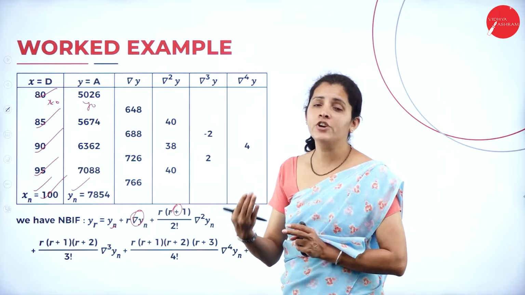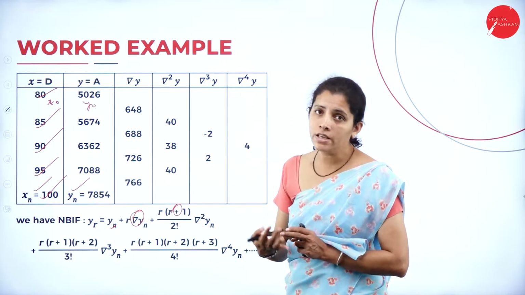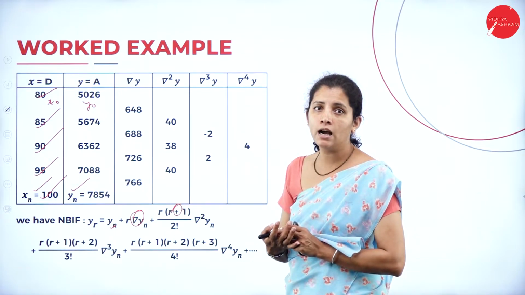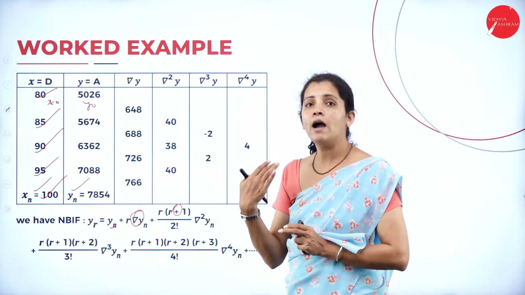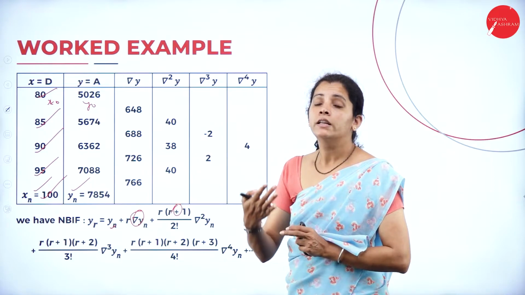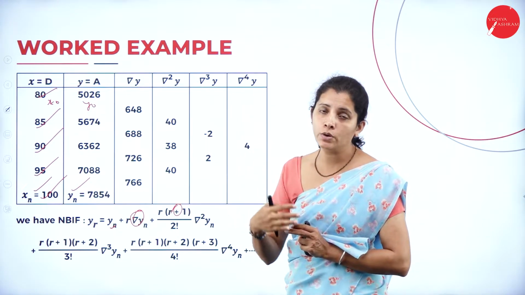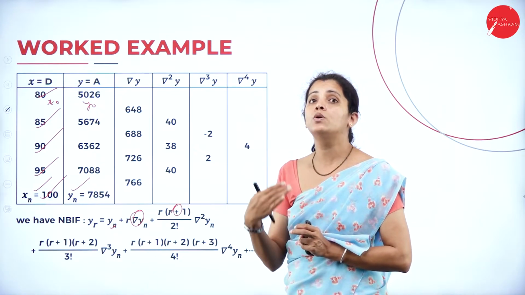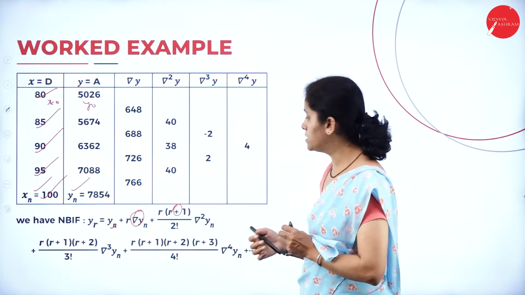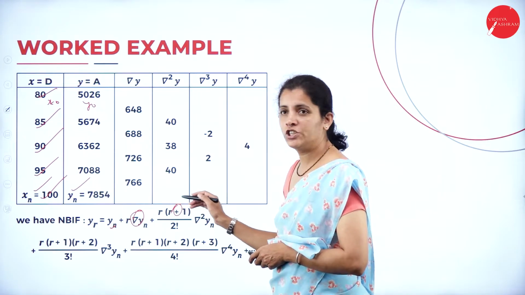So it is addition. If I go with the forward interpolation formula, then I have to consider negative, in the sense at the beginning itself I'm going to get the value, so I want to subtract the values. So here it is addition.